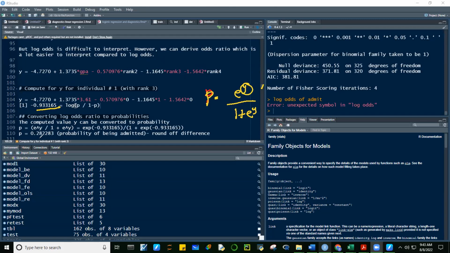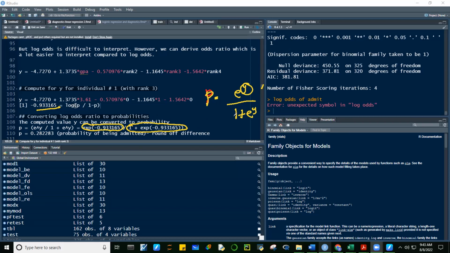So we can now compute for P, which is equal to exp, the exponential function, of y over 1 plus exp of y. And it turns out to be 0.28223.